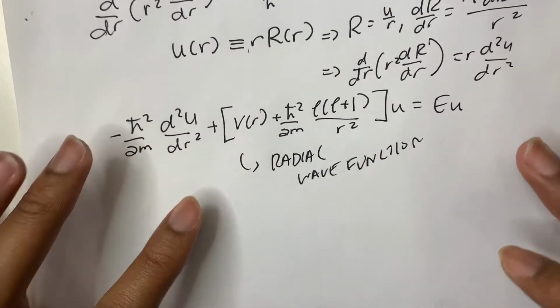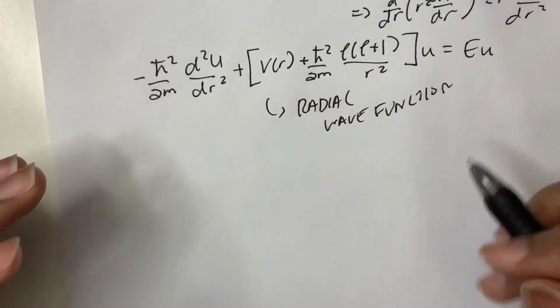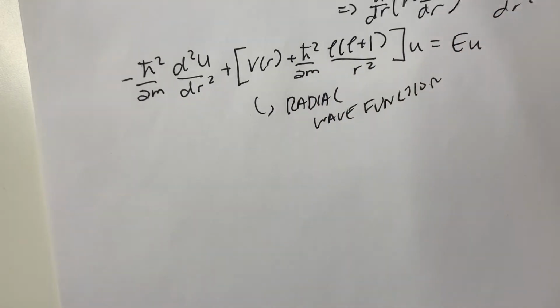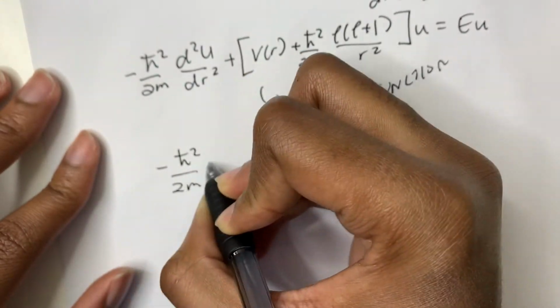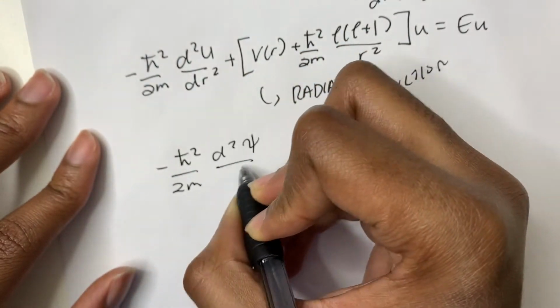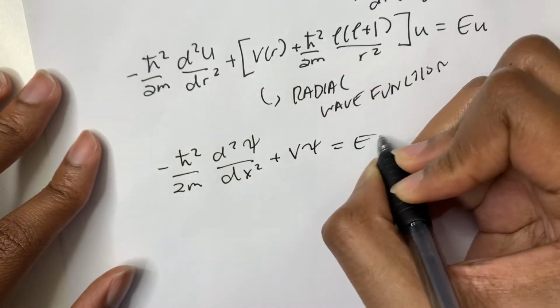Now let's just talk about the structure of this function. You may notice it sort of resembles the time independent Schrodinger equation for one dimension. I'm going to write that down over here: second derivative of psi with respect to x plus v psi equals e psi.